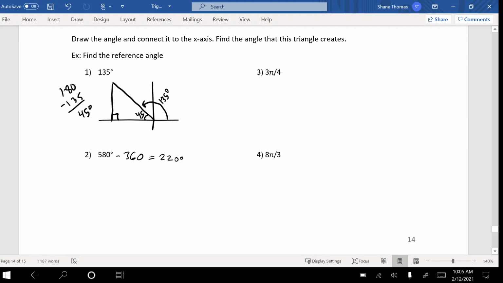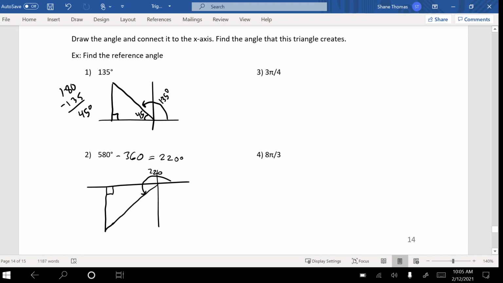What quadrant would this be in? 3, correct. So this guy's in quadrant 3. So 220 would be down here somewhere. Now this one I want to take back to the x-axis, just like we did before. So that guy would be right there.